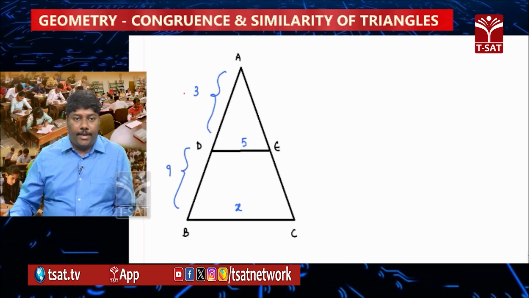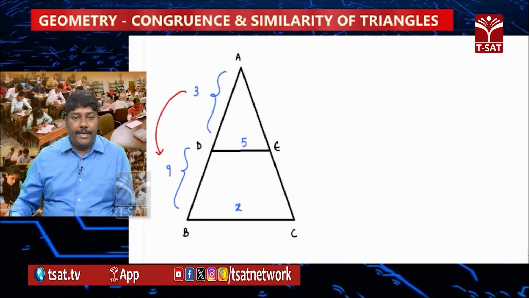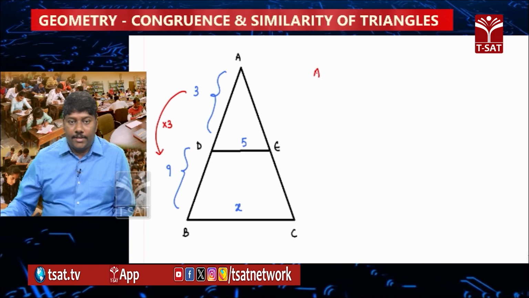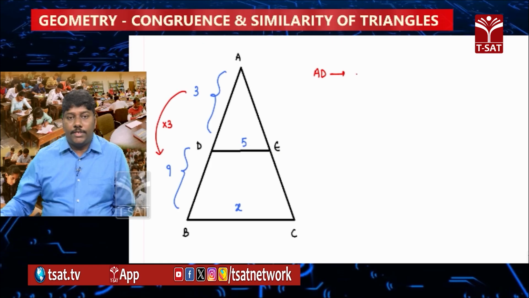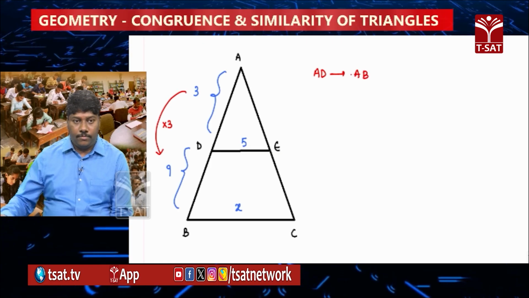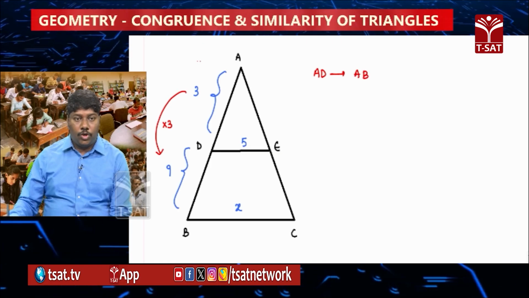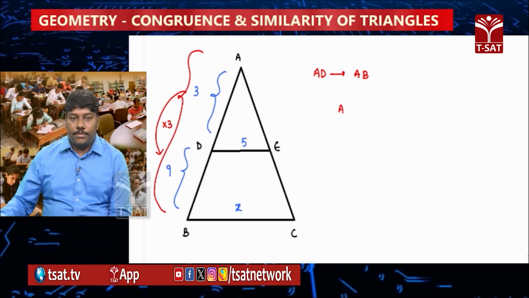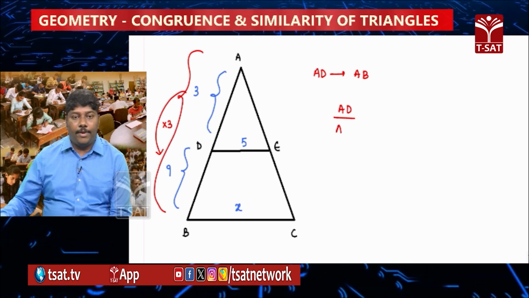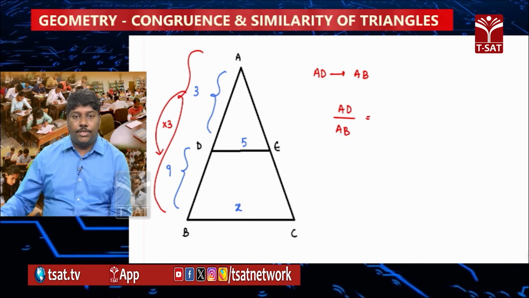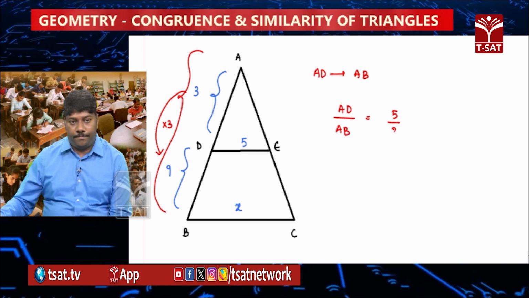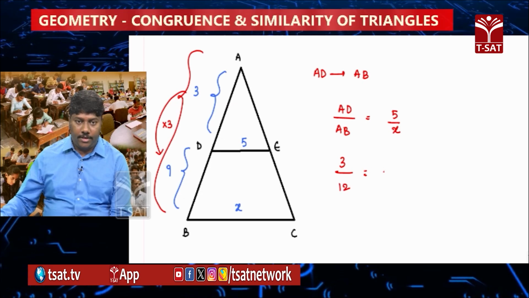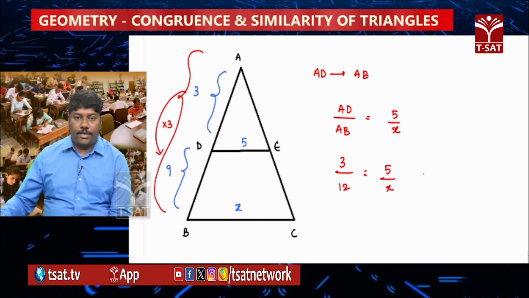If you normally take it, 3 becomes 9, it is incorrect. 3 into 3 is 9. But here you have to look at the side AD to the side AB, which means 3 becomes 12, not 9. So, the similarity says AD by AB is equal to 5 by x. So, 3 becomes 12, that is 4 times, therefore 5 becomes 20. X is equal to 20.